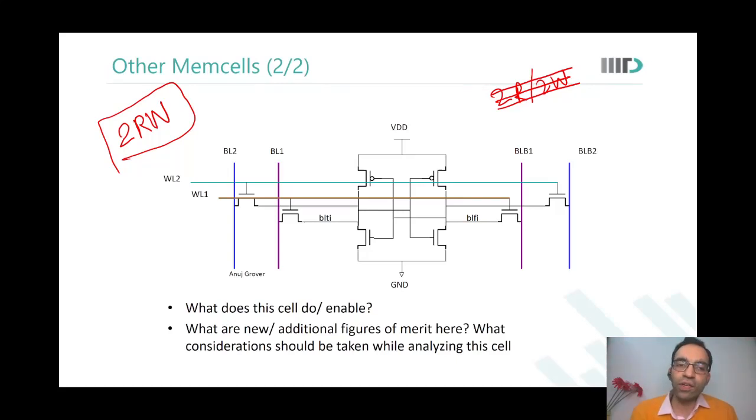Can you think of the new figures of merit that will come into picture here? How will you measure the stability over here?